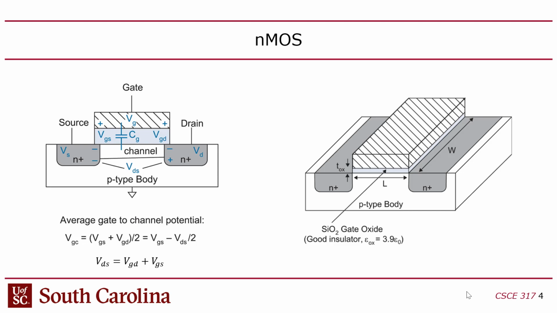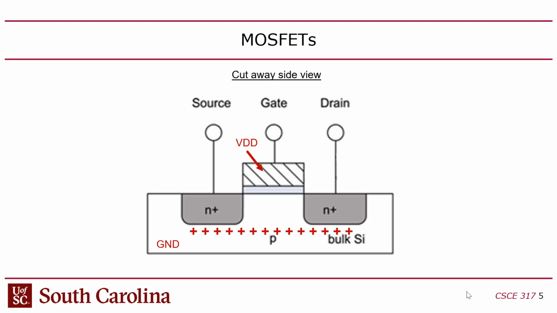But then VDS, which is the total voltage you're dropping over the transistor, becomes very important to figure out the operating mode of the transistor. So you care about that as well. Those are the two terms you normally look at: the gate-source voltage and the drain-source voltage. Drain-source being how much voltage you're trying to drop over the source and drain, right? Does that make sense? Okay, so those are the two terms you generally care about.